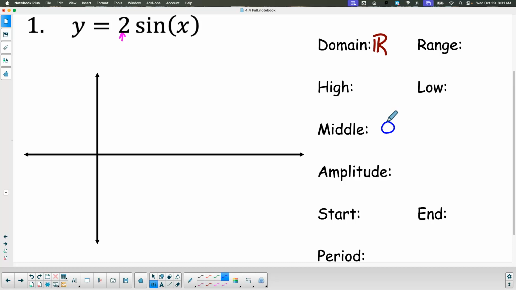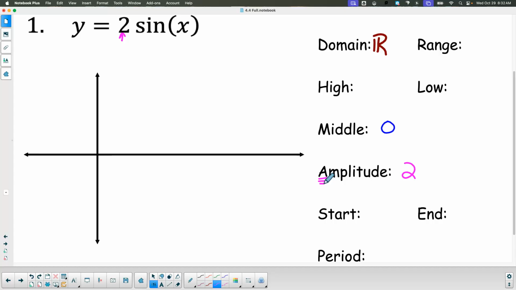We haven't gotten to that yet. My amplitude is 2 because that's my A value. My A value is my amplitude value.